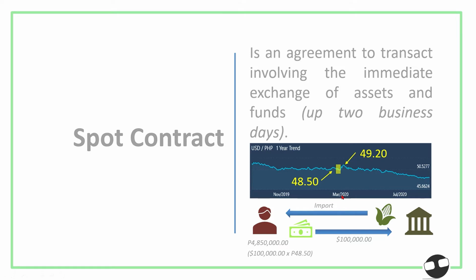So in this case, you can enter into a spot contract, and that will give you the privilege to buy dollars at 48.50 even if the exchange rate would go to 49.20 or even higher.